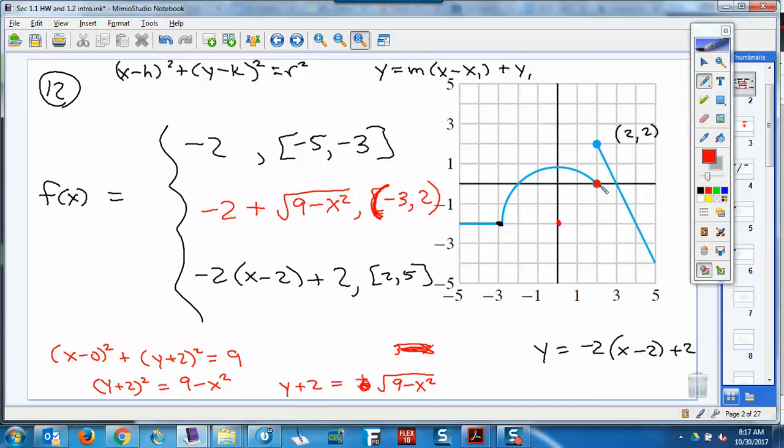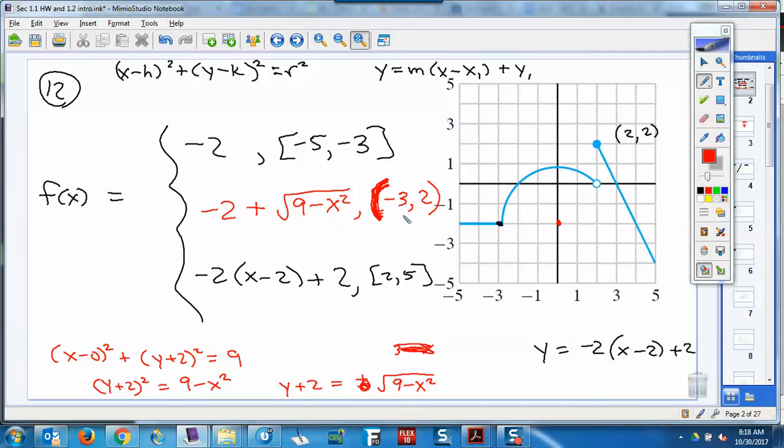It fails the vertical line test, right? So whenever you have that gap, that jump in there, you're going to have one open, one closed. But when they're connected, it's kind of a technicality. It's not a huge deal. But on the EP test, they would probably take off a point there. So it doesn't matter. This could be excluded and this one included. Just make sure one of them's included, okay, and one of them's not.